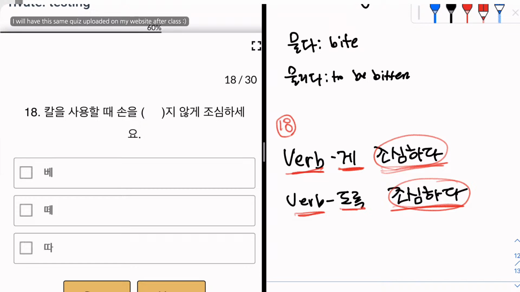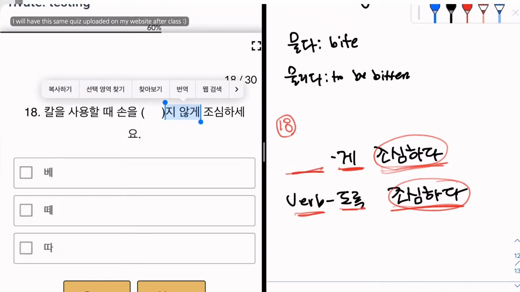But here it's negated. The verb is negated, right? verb지 않게 this time. So it would mean so that you don't verb. Be careful so that you don't verb. verb지 않도록, 않게 조심하다.